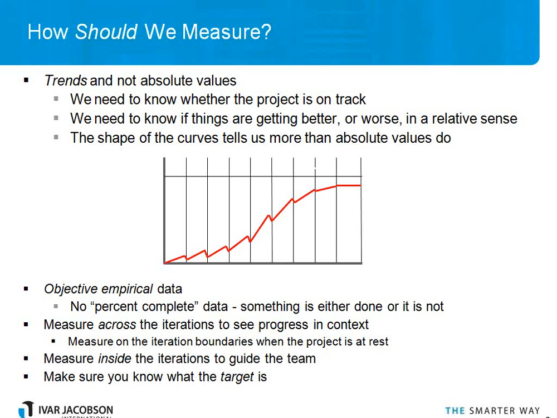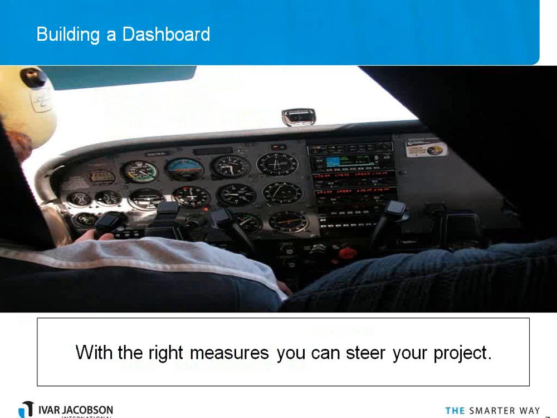So with our iterations in place, we need to identify some measures, and if we can make those measures visible, we can actually create a dashboard that will help us to steer the project. And just like steering a car or flying a plane, what we want is a dashboard that's actually going to help the team.